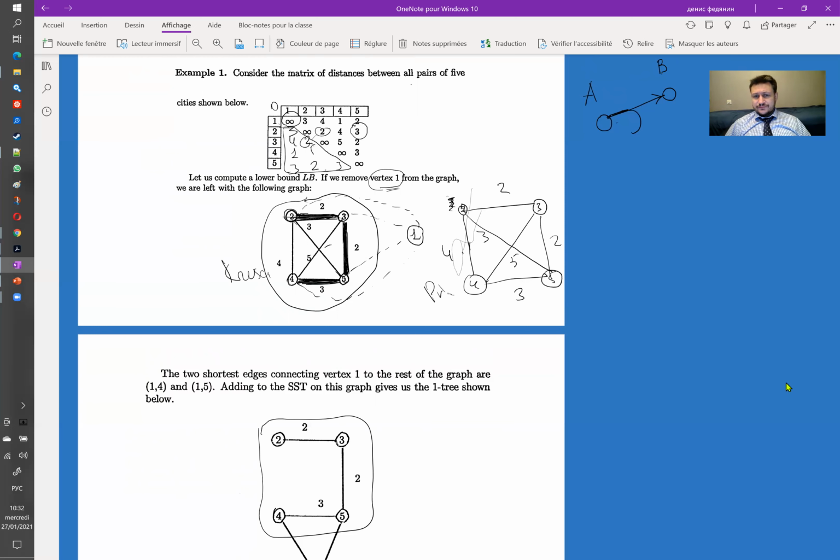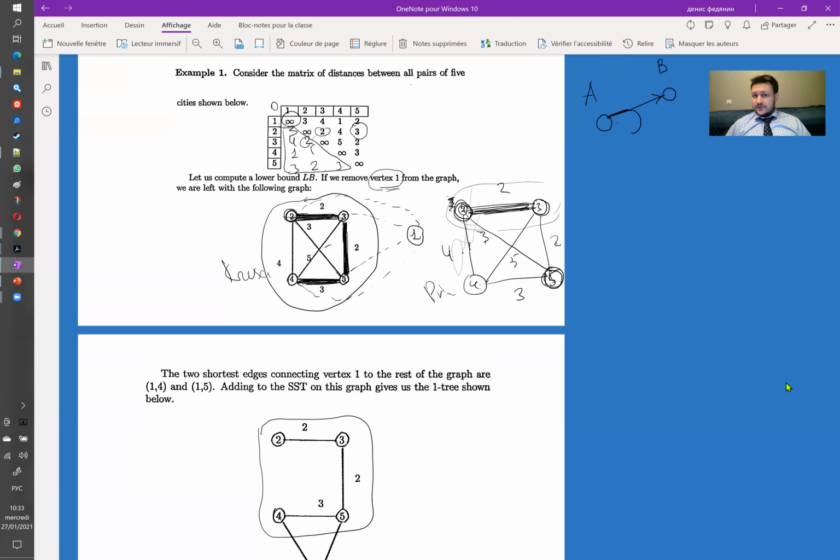And for Prim's algorithm, what should we do? We take this edge, another shortest edge, and then we check by trying to find the closest city to this set of cities. If we want to get from 4 to this set, we have to spend 4 or 3. So 3. If we want to get from 5, we have to spend 3 or 2.